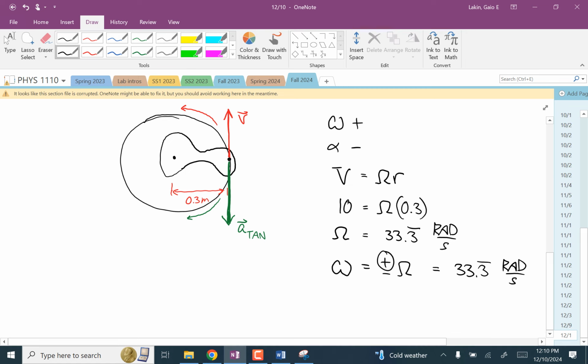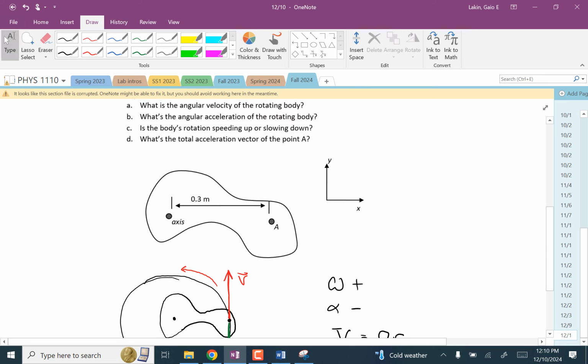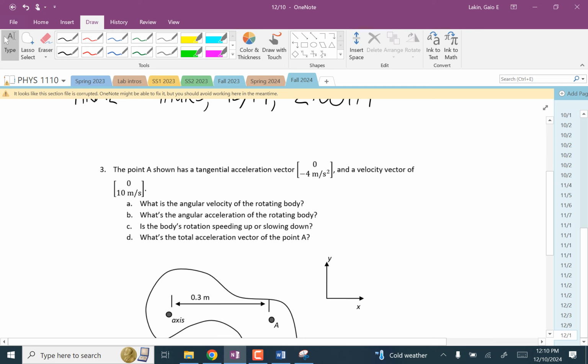And now we'll go to calculating the tangential acceleration, or using that equation. The magnitude of the tangential acceleration is equal to the absolute value of the angular acceleration times r. The magnitude of the tangential acceleration is 4.